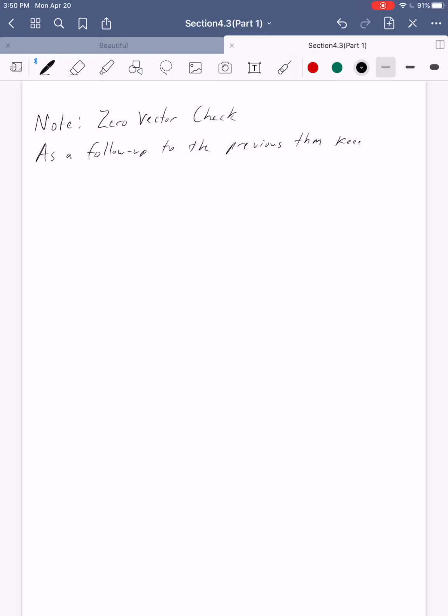Keep in mind that if the 0 vector is not an element of S, then S is not a subspace. So this is a very important quick check. If you're ever asked whether or not something is a subspace, first thing you should always do is think about whether or not the 0 vector is in there. If the 0 vector isn't in the subspace, then it's automatically not a subspace.